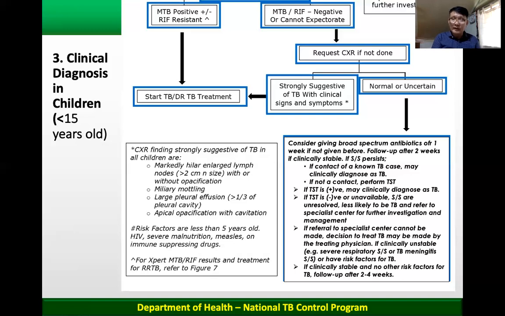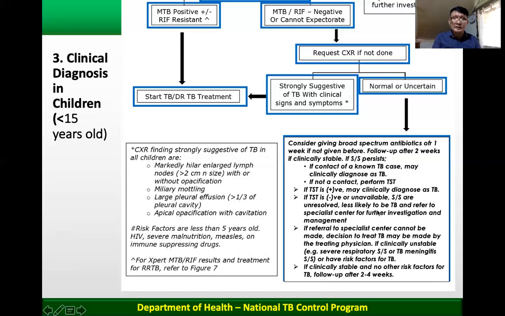So it will now depend on the physician whether to treat or not. But of course, if you look at this phrase here, it says if clinically unstable, the physician may decide to treat the patient as TB. Now, if clinically stable and no other risk factors, we have to follow up after 2 to 4 weeks.